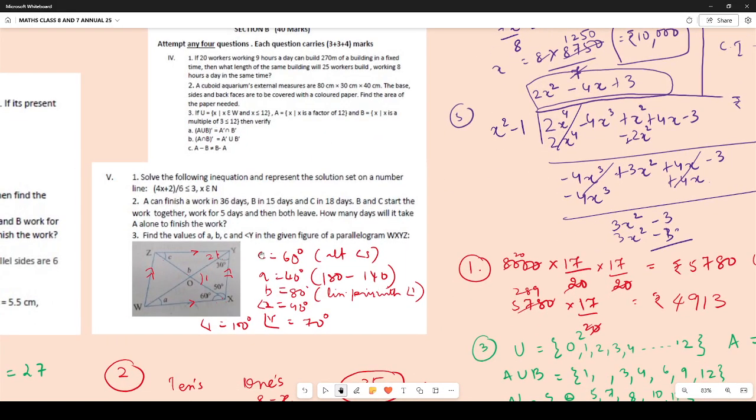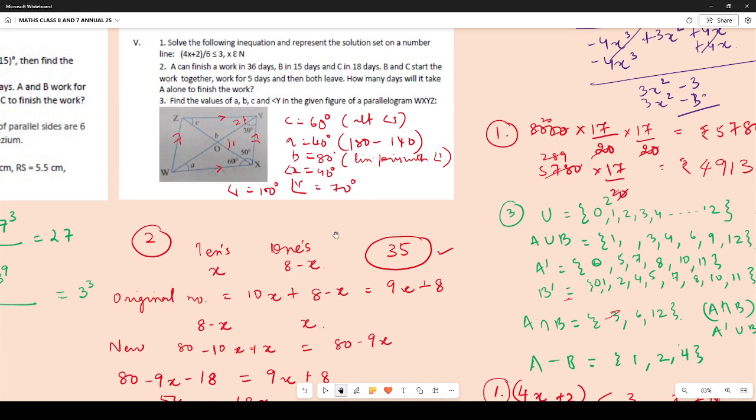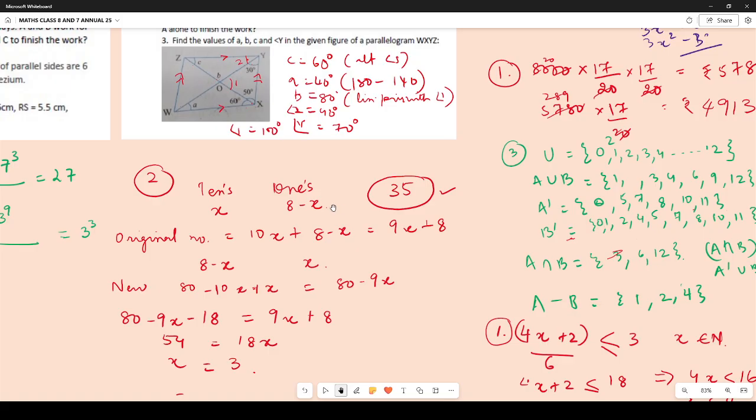So let us say that the tens digit is x and the ones digit is 8 minus x. So the original number will be 10x plus 8 minus x, which makes it 9x plus 8.